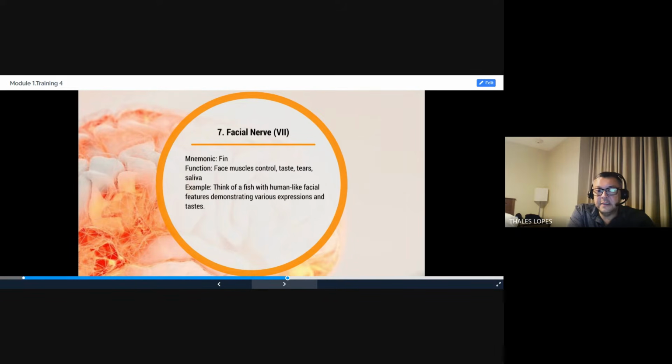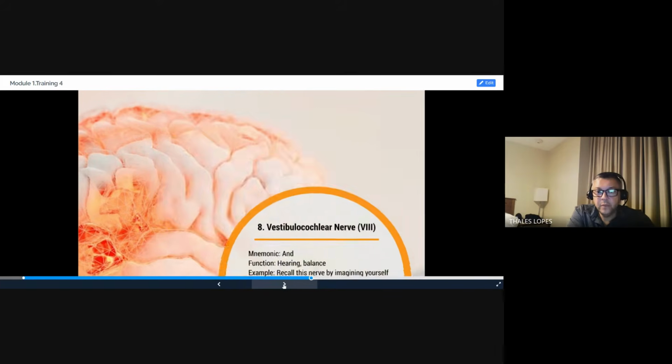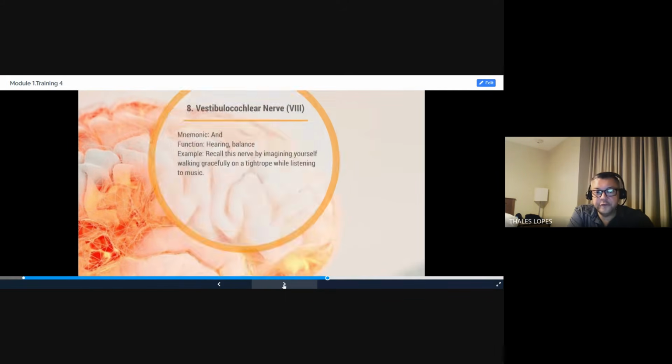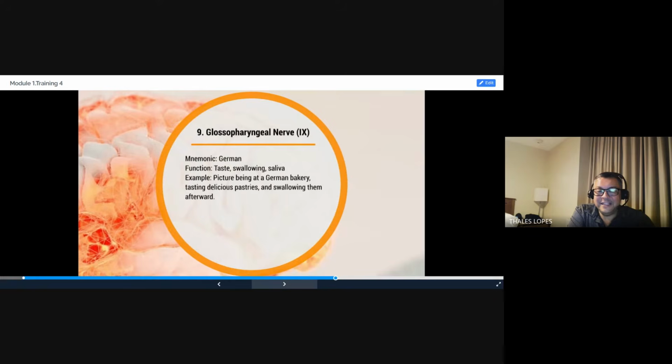Think of this as the muscles of the face, right? 8, it's all about your balance and hearing. 8, the vestibulocochlear nerve. 9, high yield, and it is swallowing, taste, also saliva, right?